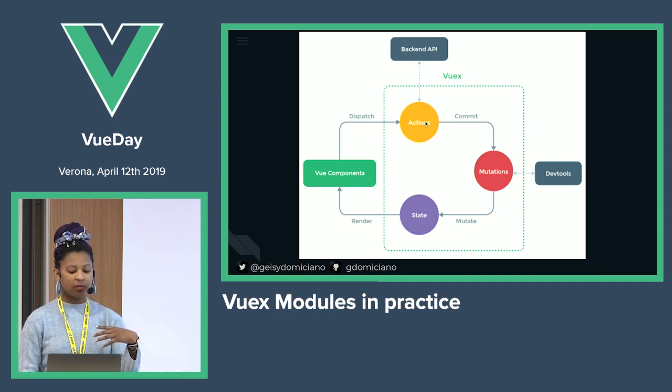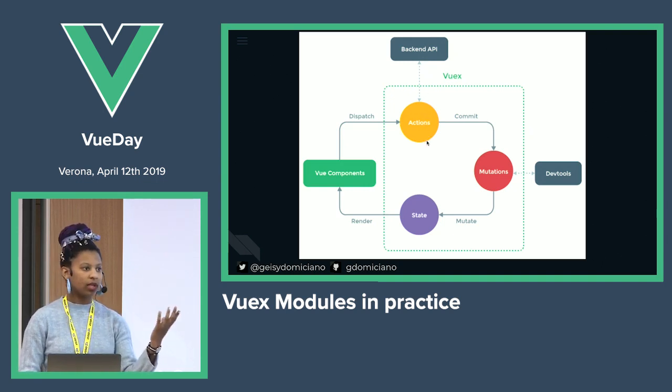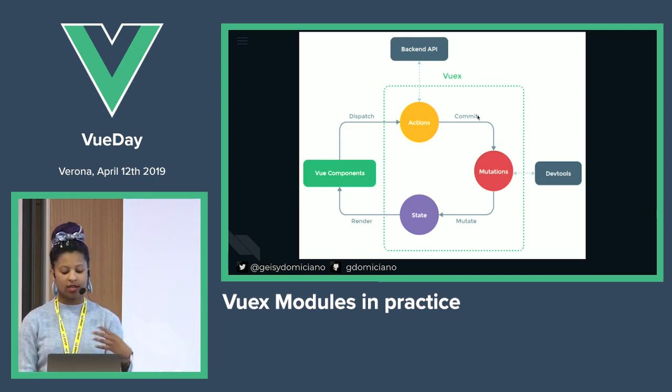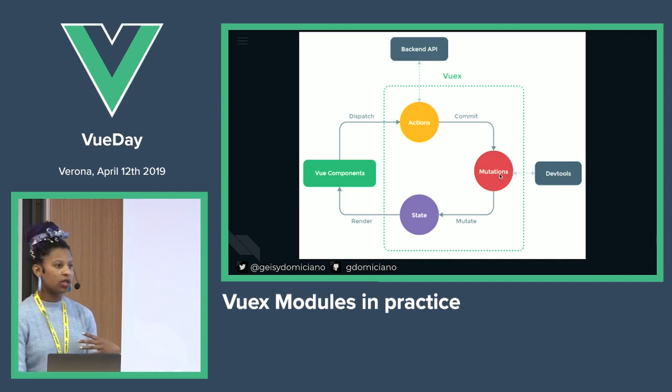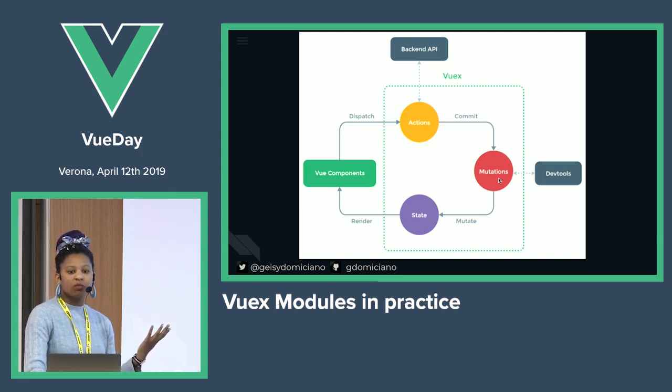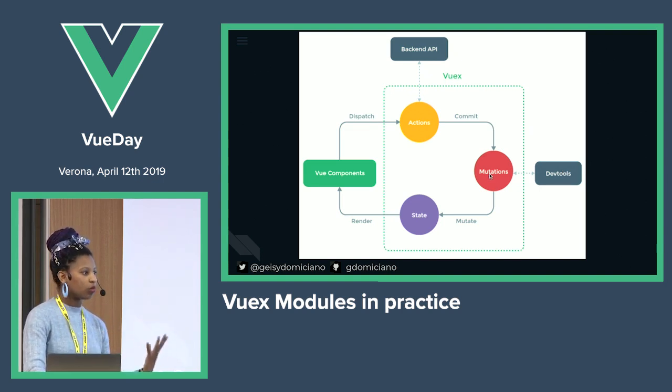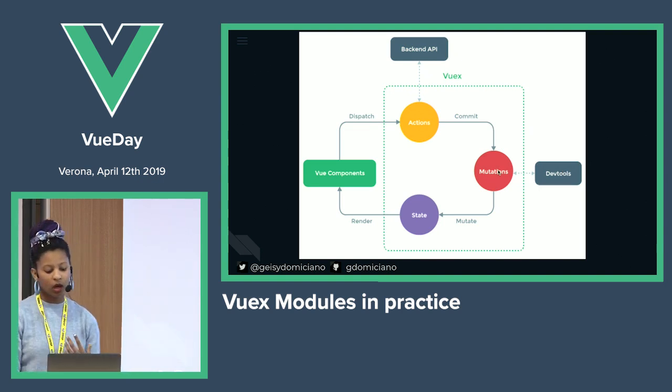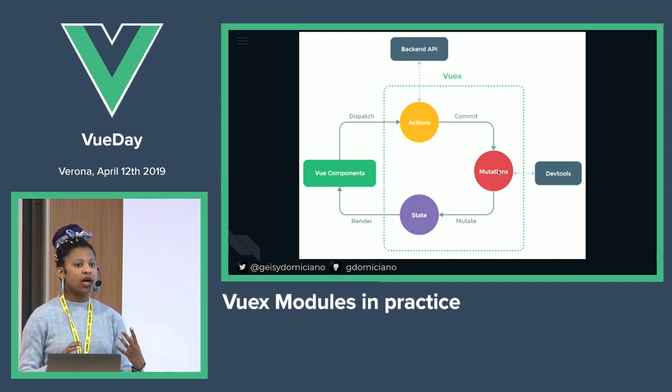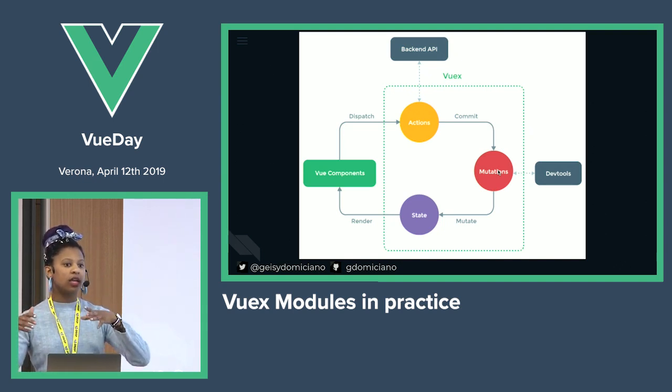Once you get the feedback from your API or wherever you're getting your data, you're going to commit to a mutation. This mutation can always be followed inside the DevTools, which I assume most of you who work with Vue use. The mutation is actually the one that reassigns the data to the state.